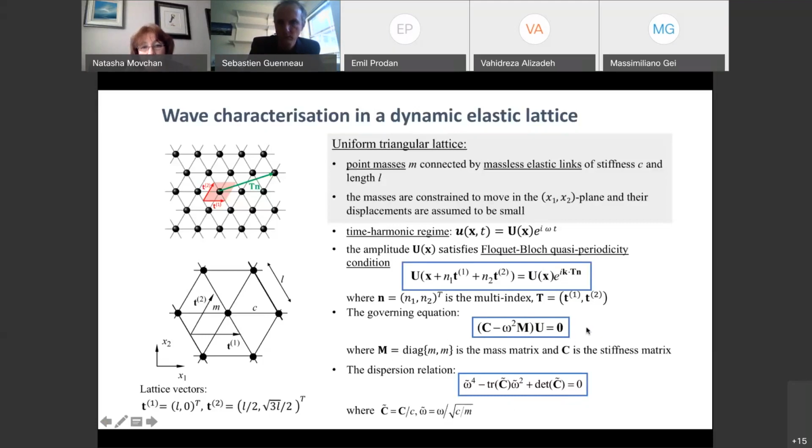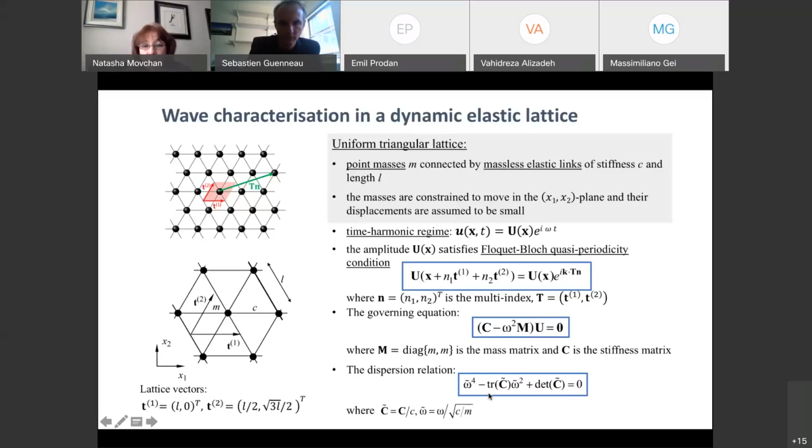The usual way to deal with it is to look at the solvability condition for this system, which then leads to a dispersion relation, which is written down here.